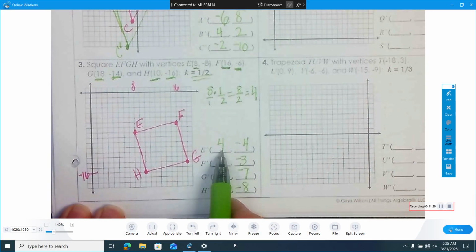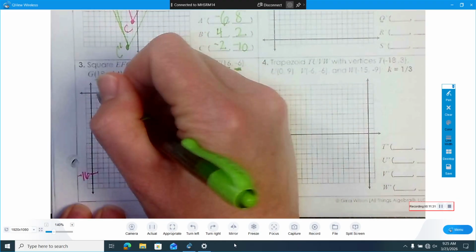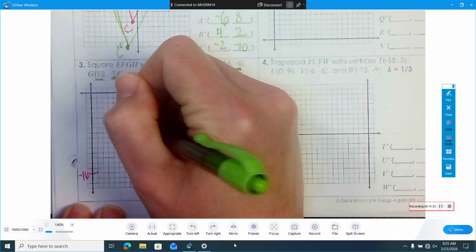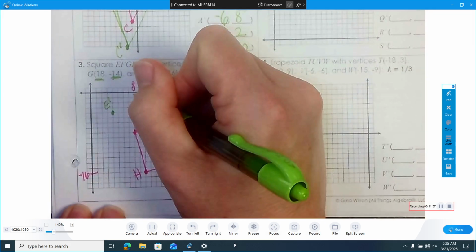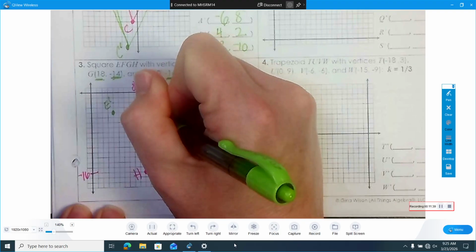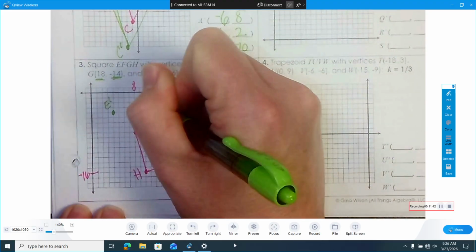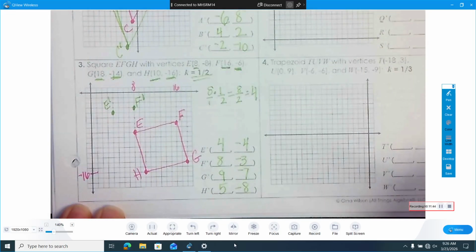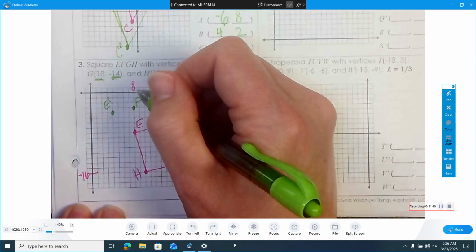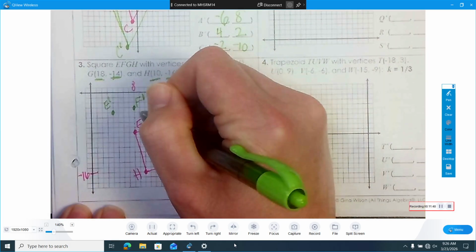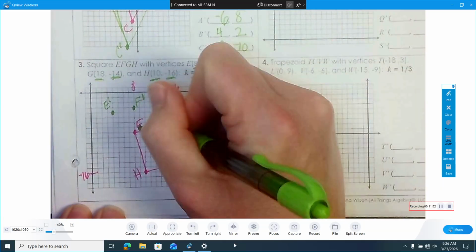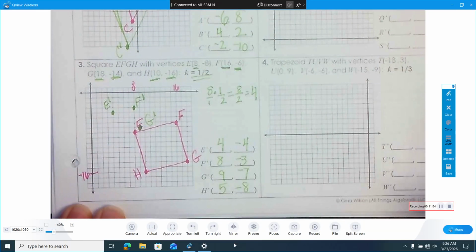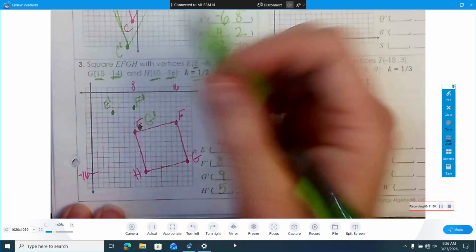We have 4, negative 4. E prime. 8, negative 3. F prime. 9, negative 7. And H prime is at 5, negative 8.